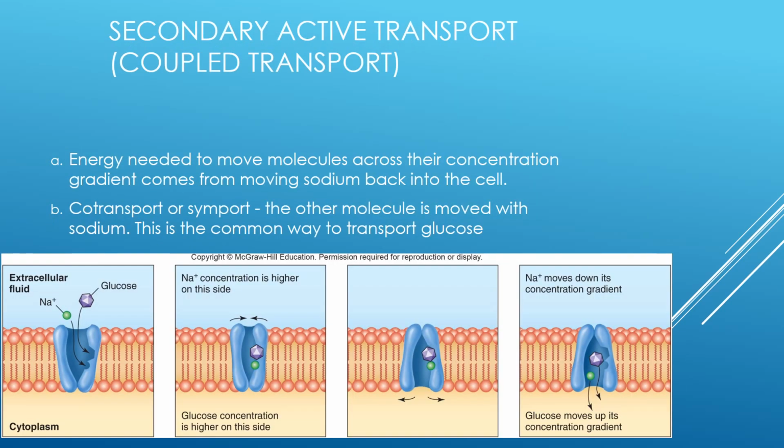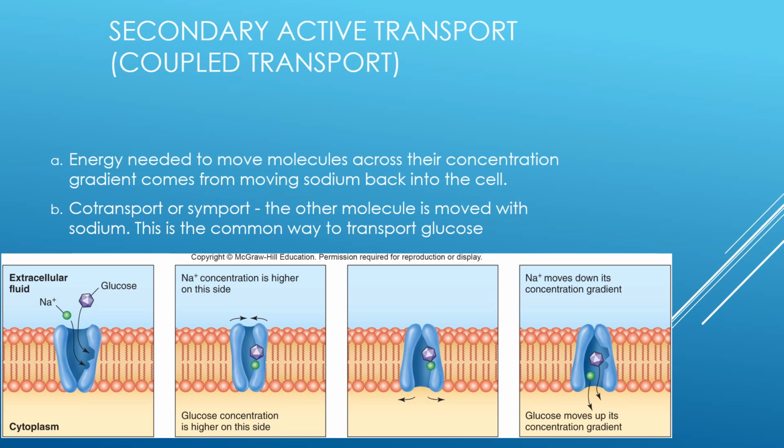With secondary active transport, there's also another type that is known as coupled transport. This is where we have, say, 2 molecules that need to bind in order for transport of material to occur. Since it's active, we're moving molecules against their concentration gradient. This is considered to be a co-transport or symport, where one molecule, for example, moves with sodium.